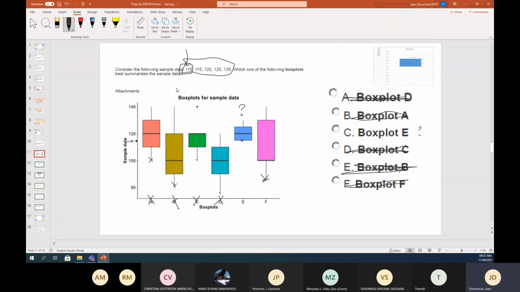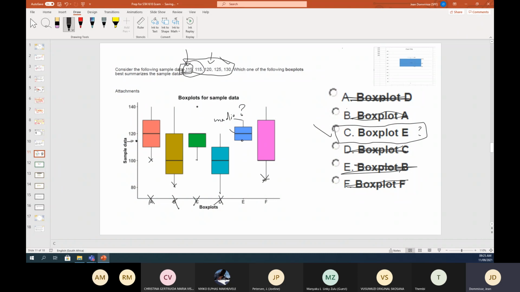So without even looking at the rest of the data, that is the only one it can be. Then we can look, and that is probably sitting between 120 and 130. The 120 is in the middle, so we know that is the median, or Q2.